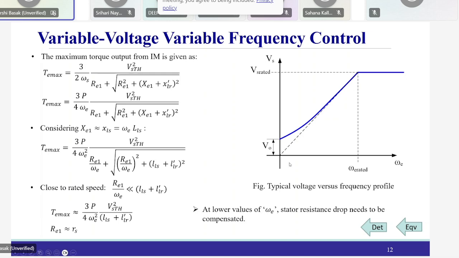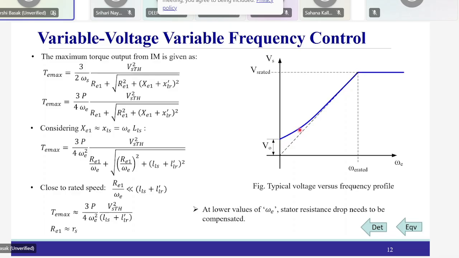And that is the profile which is actually inserted. This portion, we give this kind of a profile where the voltage versus frequency is given like this. The voltage versus speed profile is something like this, and at the rated speed, this will become zero.